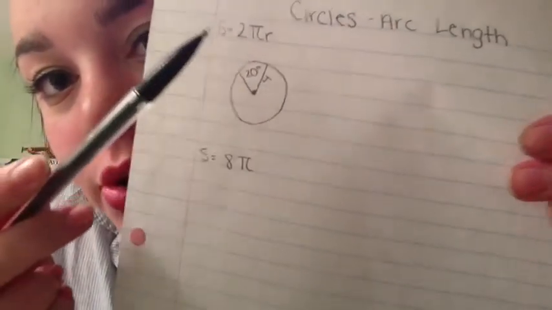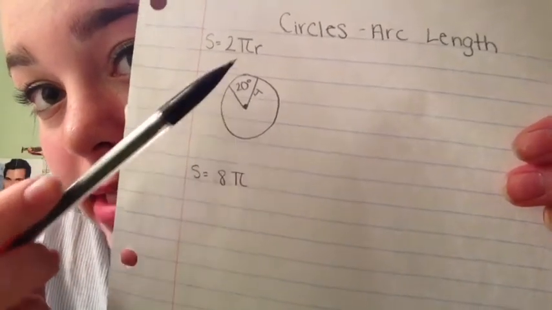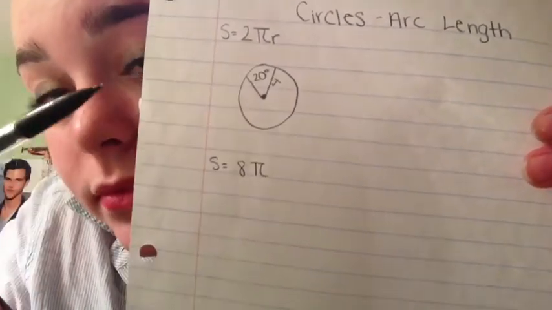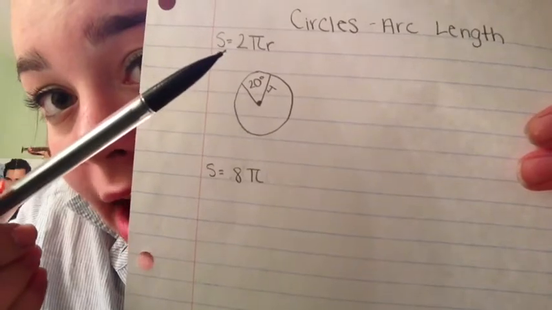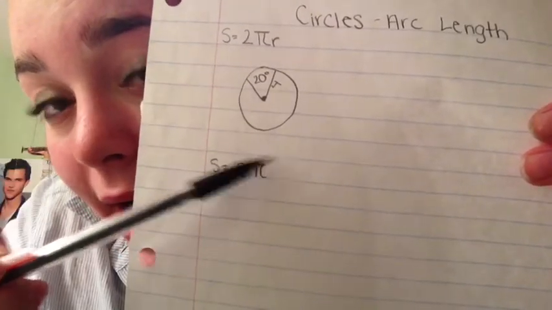You can leave your answer in pi, which I'll show you in a second. So 2 times your radius, which would be 8 pi as your answer. And as you can see, all I did was substitute my 4 because that's the given radius as my r. And then I doubled that because there's a 2 and I got 8 pi.